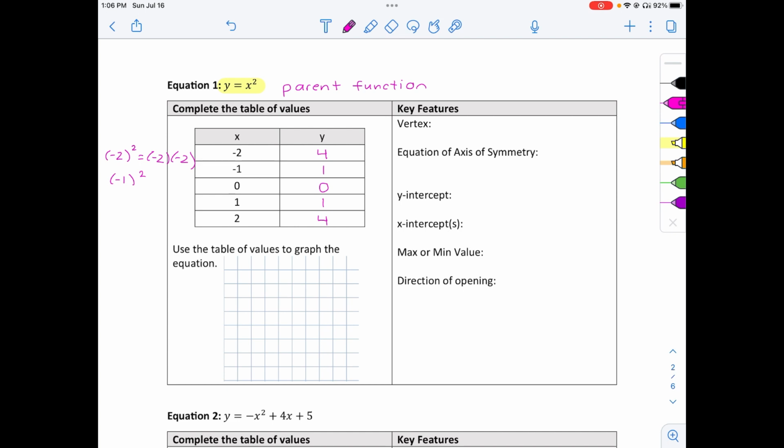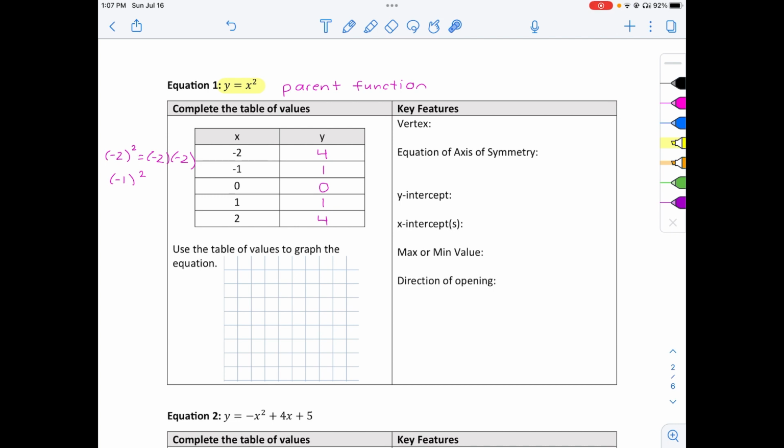Okay, so from the table of values, you might notice that there's a pattern happening here. So 0, 0 is this point here, and then we have 1 on either side of that, and then 4 on either side of that. And if we were to extend the table on both sides and had -3 and +3, then the y value we can assume would be the same for -3 and 3.